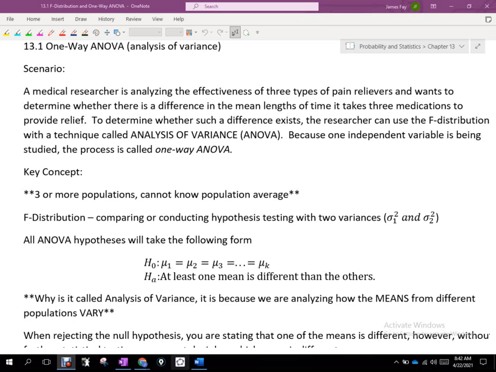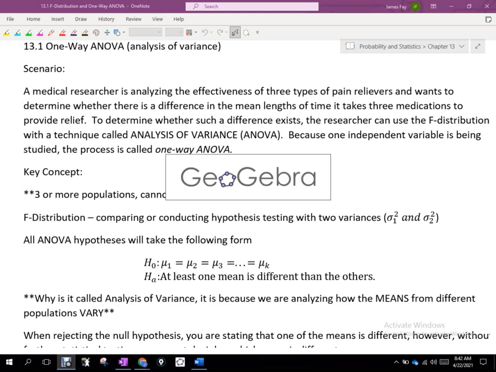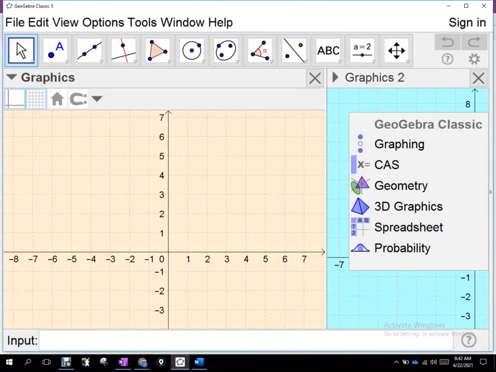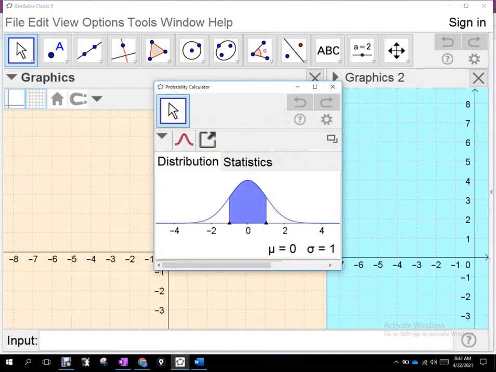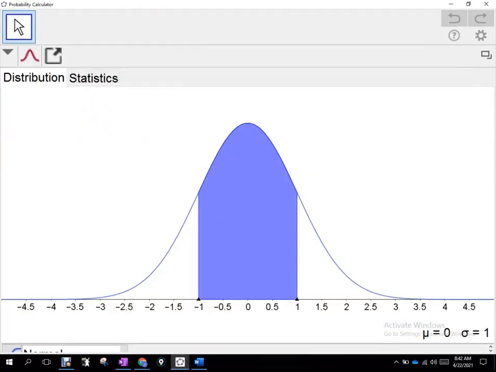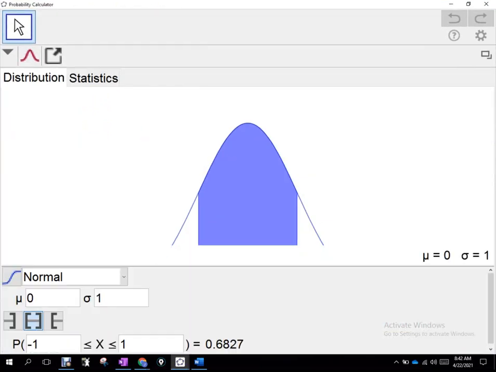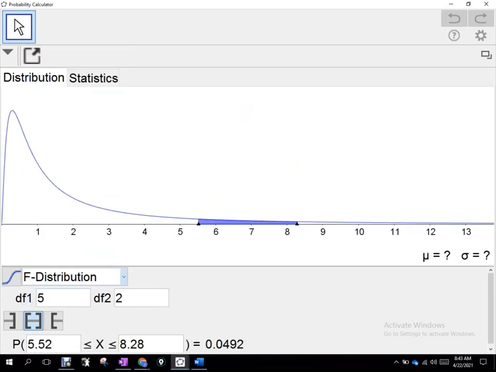Okay, so I'll give you a real quick look. I think GeoGebra provides a visual of an F distribution, maybe. Okay, this is what our F distribution looks like. And it changes per degrees of freedom.